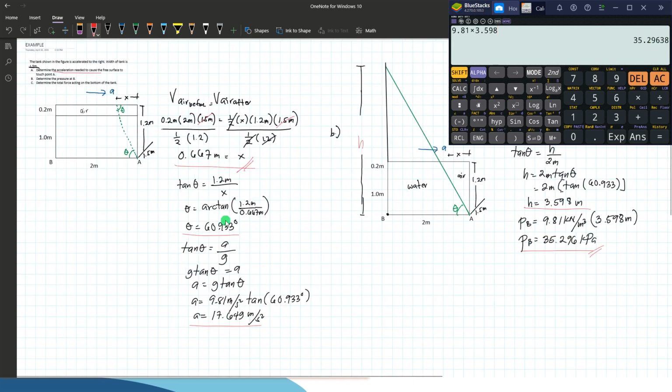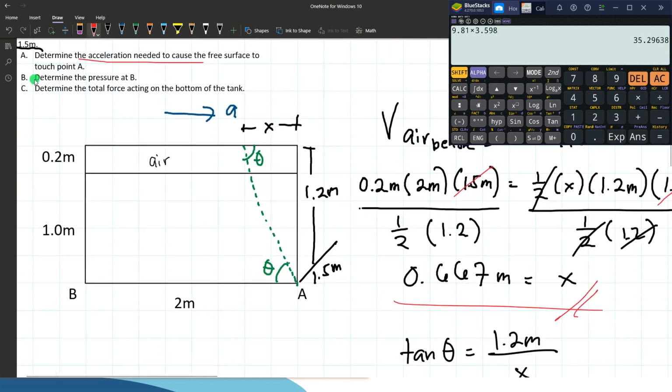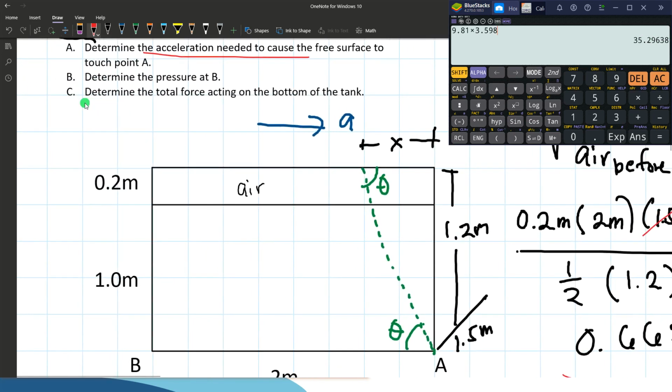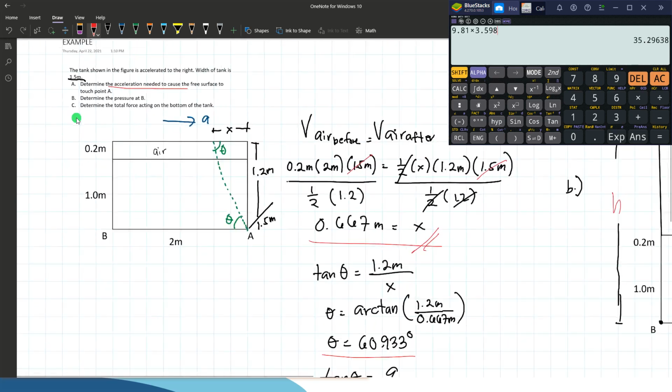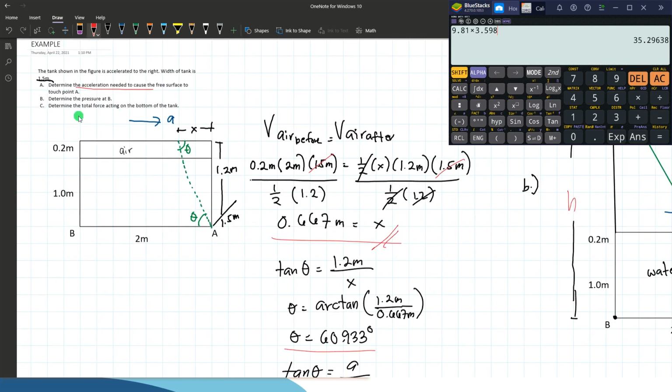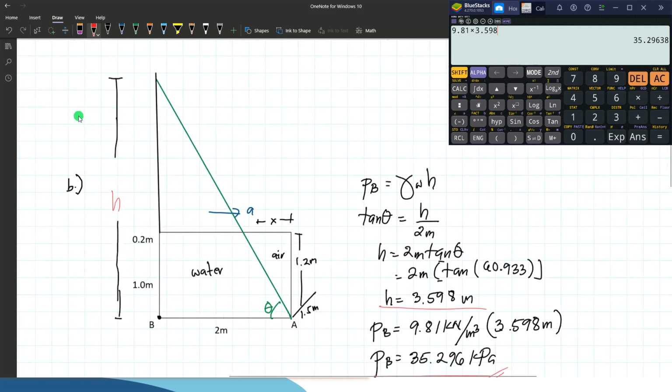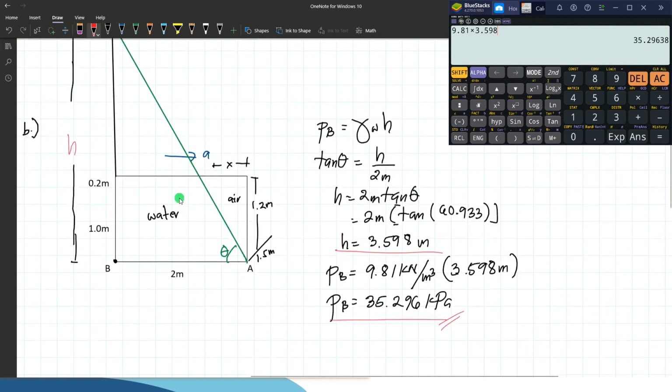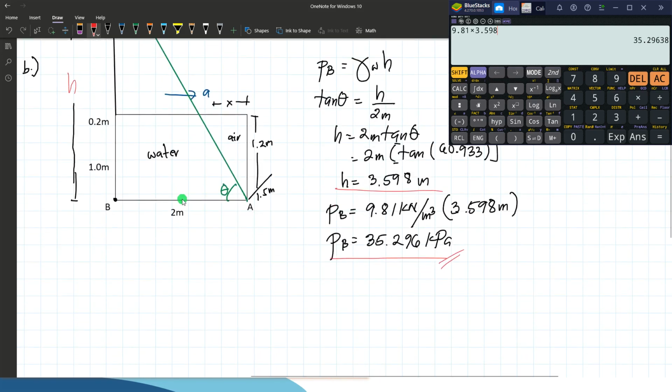That's the answer for letter B. For letter C, determine the total force acting on the bottom of the tank. What will be the total force acting on the bottom of the tank? It will be the total hydrostatic force right here.